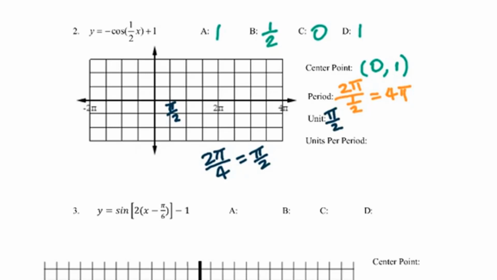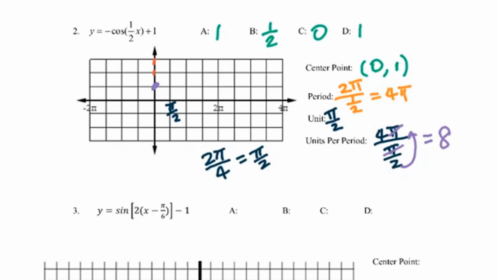Units per period, we use 4 pi divided by pi over 2. Numerator we can reduce. Then these 2 jump up. You got 8. Therefore, you will get a center point that's 0, 1 is here.